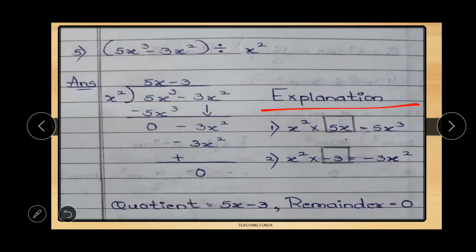Again write the explanation on the right hand side and write here the first part. Now if you want, you can do both the divisions in one step only, but to avoid confusion, it's my advice that you do it in 2 steps, as 2 numbers are there, so 2 steps.